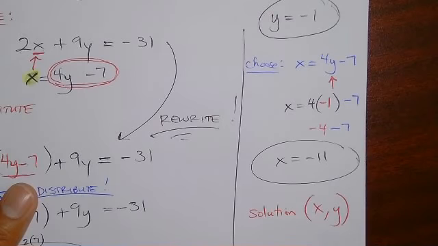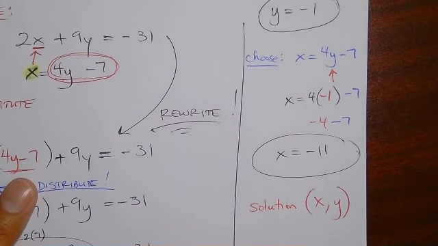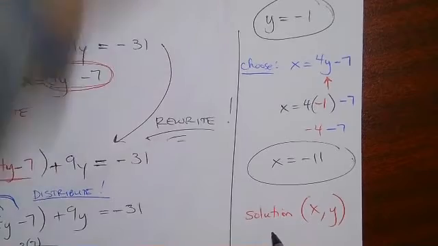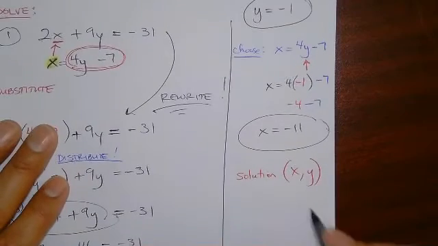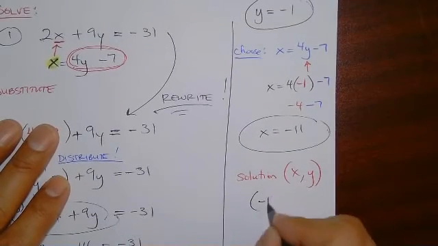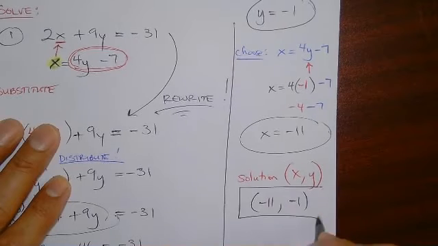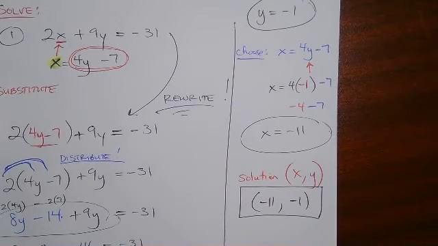It's an xy coordinate like this. So remember, write the x coordinate first. Your answer, and remember, you do have to write it with the parentheses and the comma, should be what? Which one's x? Negative 11, and y is? Okay, now that's how you're going to enter it, and that's how you do it.